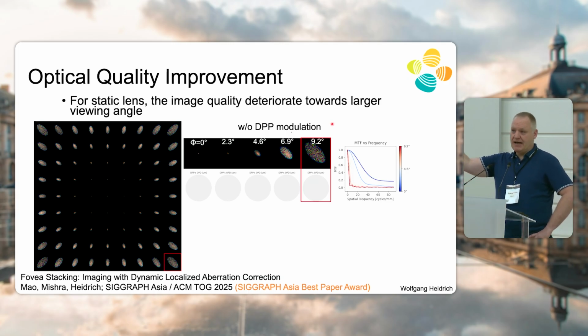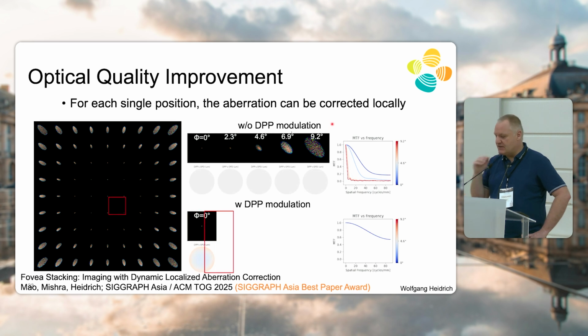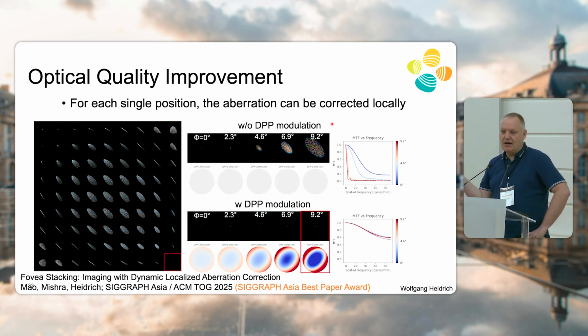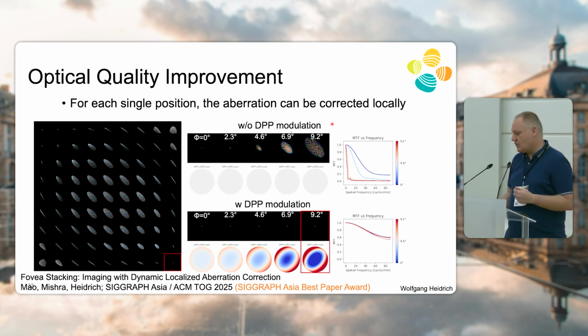The aberrations are really bad in the corners, right? But if you actually have a DPP and you correct, you can basically remove all the aberrations, even far into the corner, right? But you make other image regions worse, so then you can stack up the images to get an all-in-focus image.